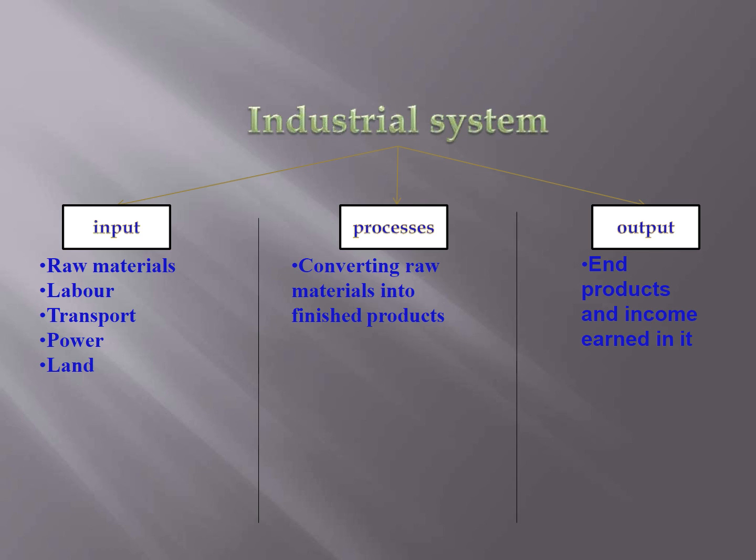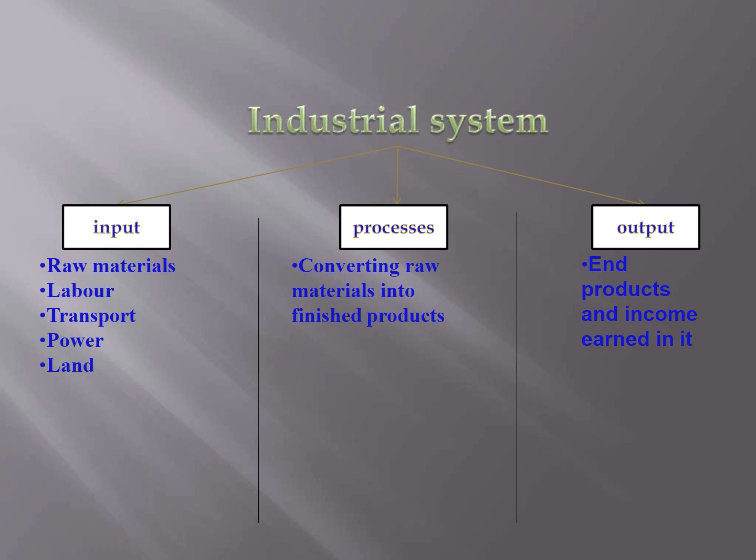Okay, this is the industrial system. I will be just giving you a brief. An industrial system consists of inputs, processes and output. So the inputs are the raw materials, labor and the cost of land, power, transport and other infrastructure. The processes include a wide range of activities that convert the raw material into finished goods.